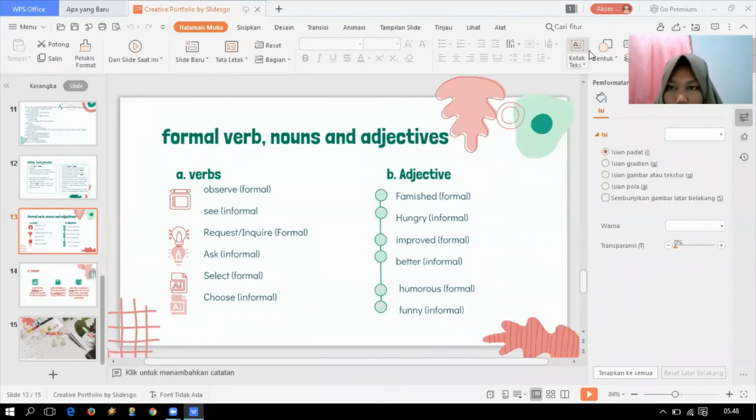Okay, I will explain about formal verbs, nouns, and adjectives. The first is verbs. For example, observe is formal, while see is informal. Next, request or inquire is formal, while ask is informal, and then select is formal, while choose is informal.